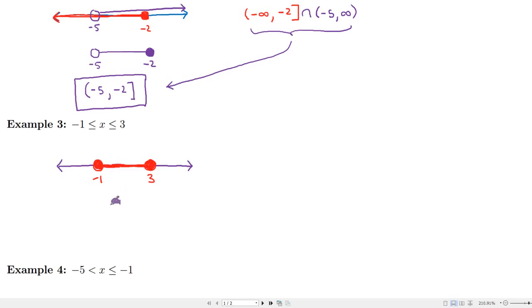Okay, so that's a graphical representation of this compound inequality, but what's the interval notation? Well, it's -1, and we'll put a square bracket there because we're including it, and 3, square bracket because we're including that. So not too bad, especially if you look at the graph versus this symbolic representation.